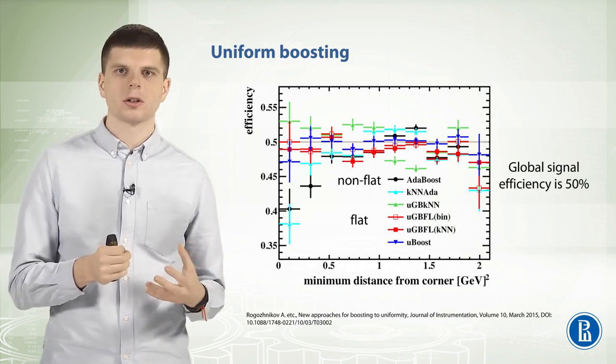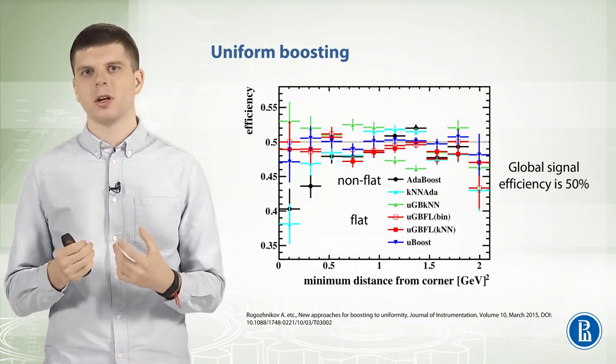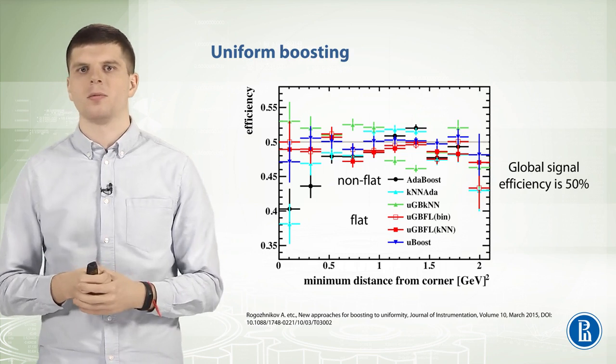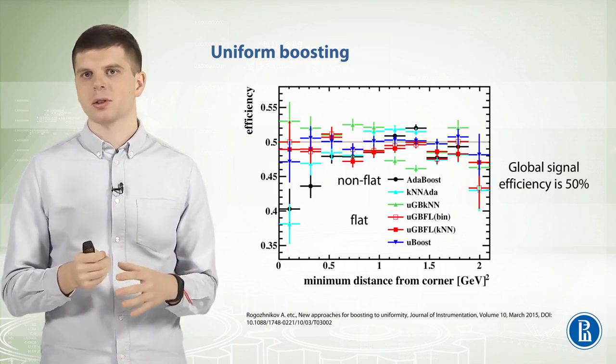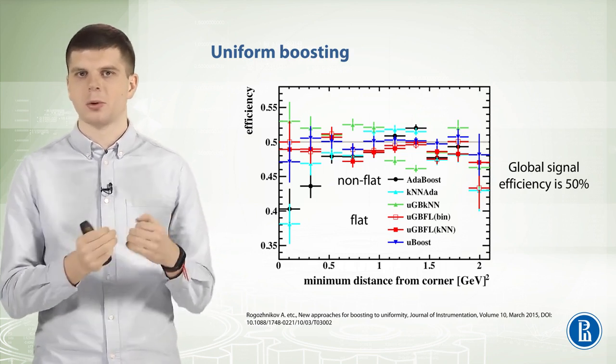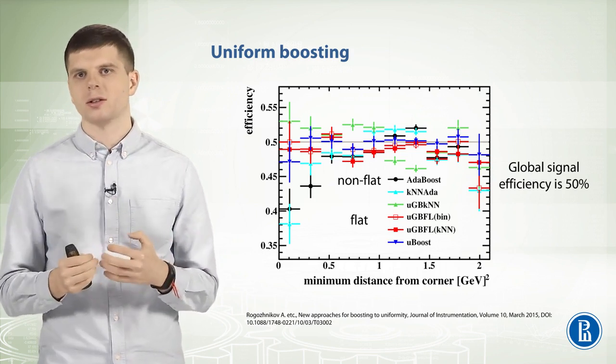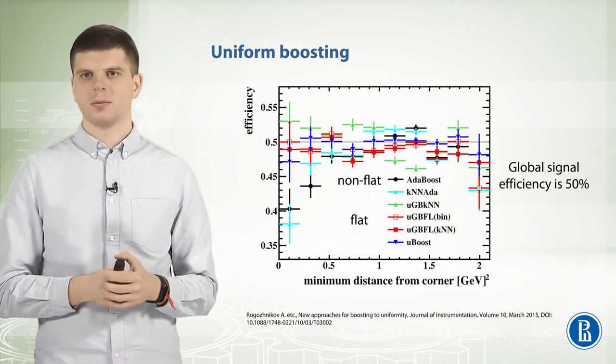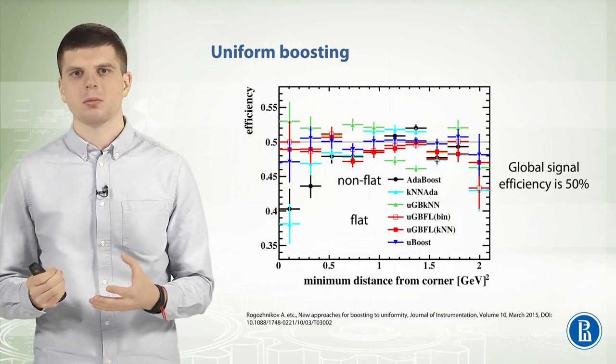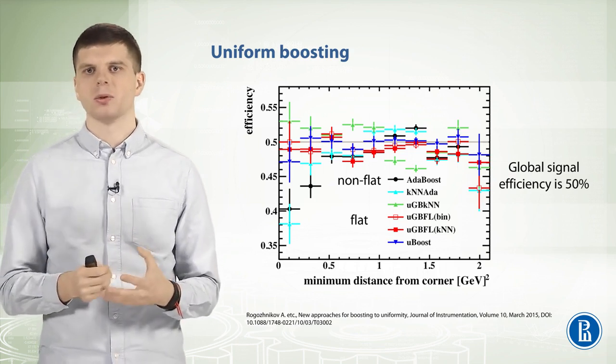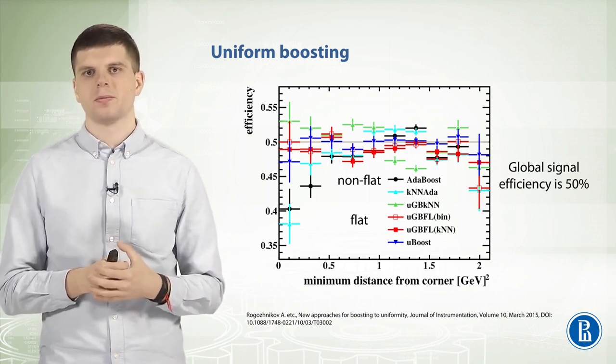All other curves correspond to different flat modifications of AdaBoost classifier. The results for the modification described on the previous slide are shown as the first red curve. It demonstrates much better flatness compared with conventional AdaBoost.